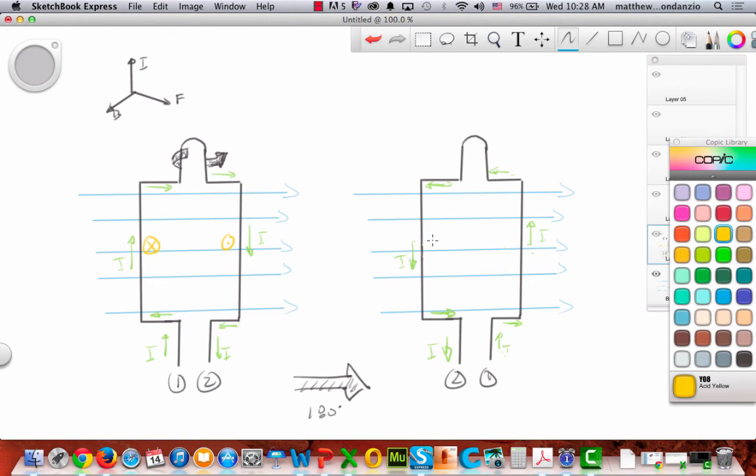So that means it's coming out at you. What about this side, the right? Into the page. So that means it's trying to spin it in the opposite direction, right? So it's trying to do one of these.